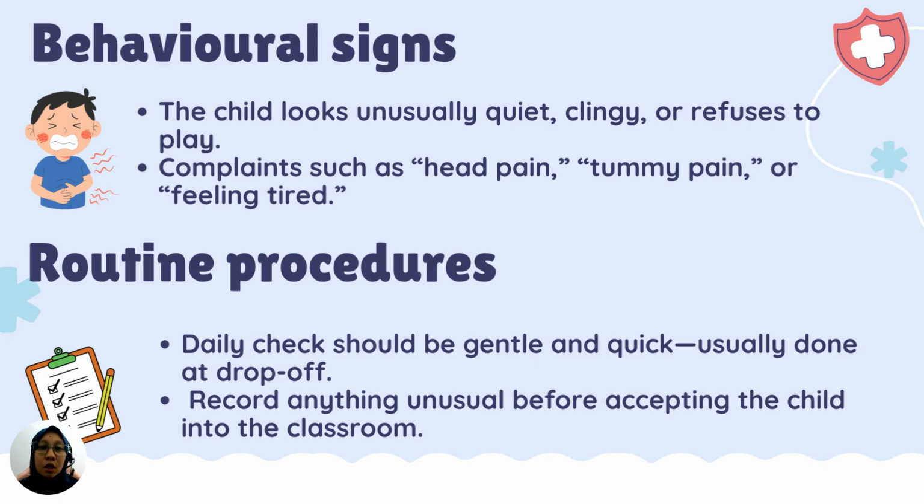These subtle changes can be just as important as physical symptoms. Next, listen for any complaints from the child like head pain or tummy pain or "I'm tired." This can be an early indicator as well of something more serious. So it is very important for us to pay attention and record them.